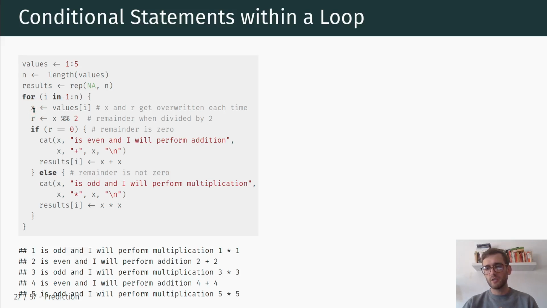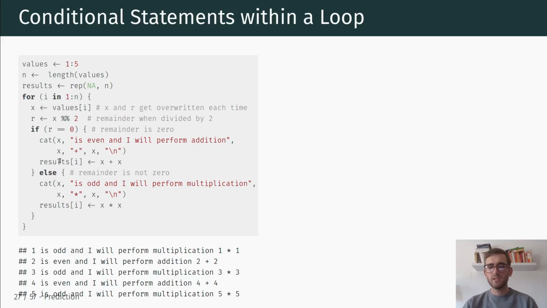In each iteration, we will create a new object called x, which takes the ith element of the values vector, and then we create a second object r, which is just the remainder when x is divided by 2, and this is what the percent sign does. It's the modulo operation, which tells you the remainder after dividing by the second number. Okay, and so why do we need this?